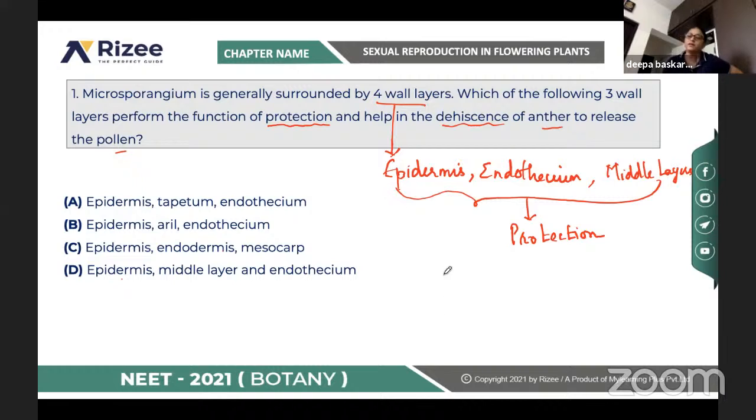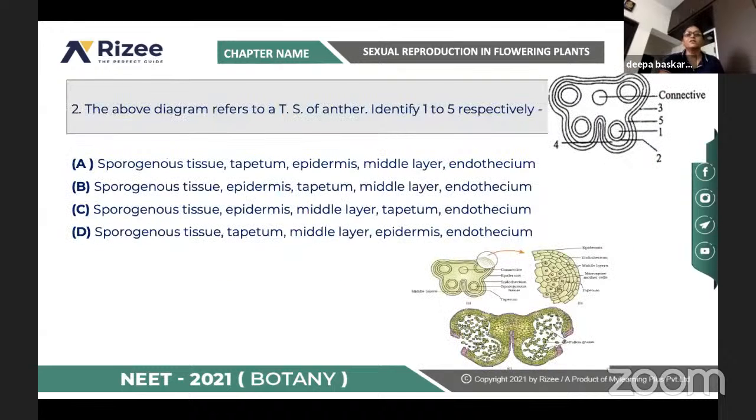And the 4th layer, the tapetum, is involved in nourishment, supplying nutrients. So here the question asked is protection. Protection is provided by epidermis, endothecium and middle layers.